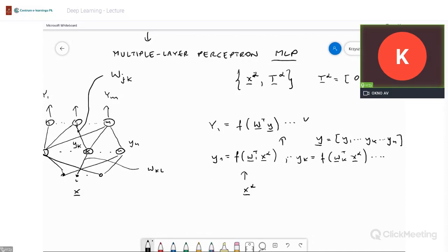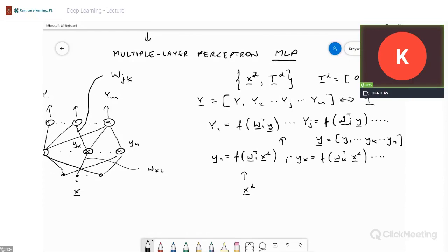And my neuron J, Yj, will compute its output using capital W transposed J times Y, and so forth. What I will get at the output of my neural network is a vector of actual outputs, and what I expect to get is a vector of labels.